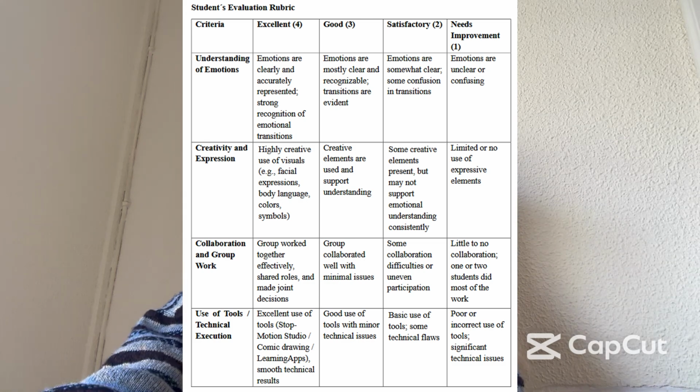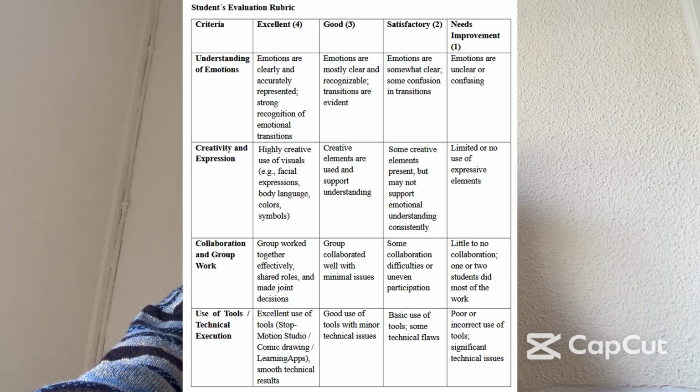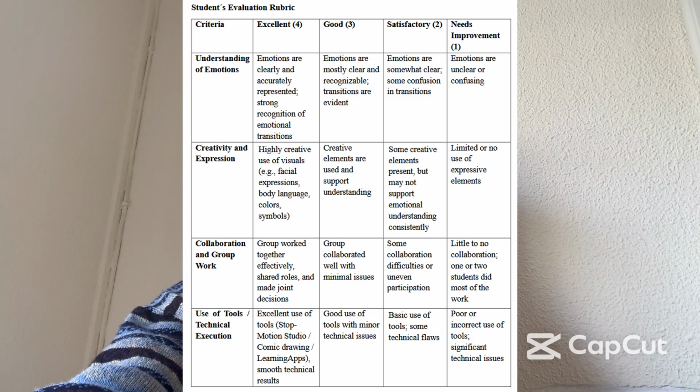The rubric helps evaluate how clearly emotions are shown, how creatively students express them, how well they collaborate in groups, and how effectively they use digital tools like Stop Motion Studio, comics, or learningapp.org. This structured evaluation ensures that both emotional learning and media competences are considered in a fair and transparent way.